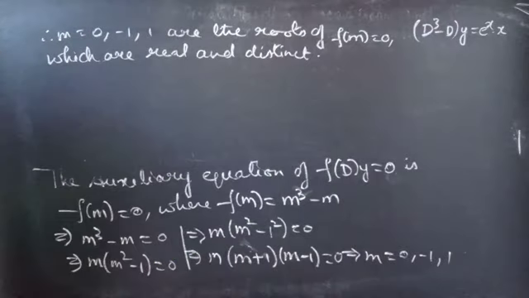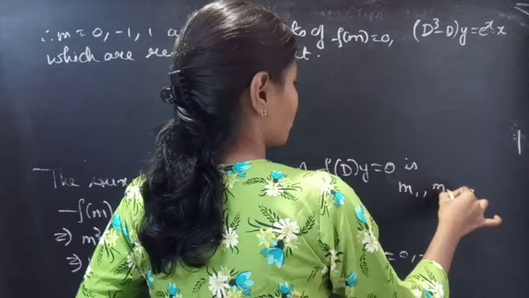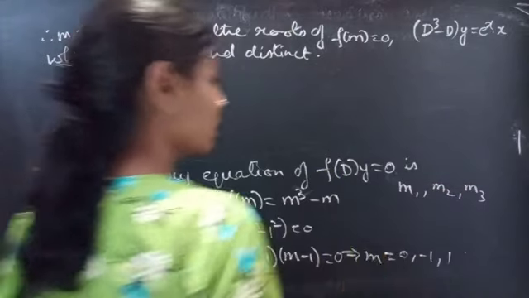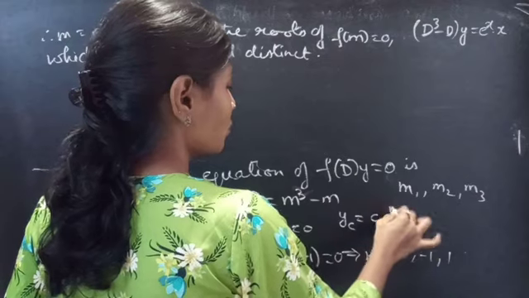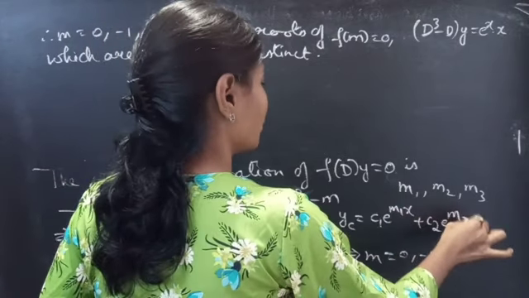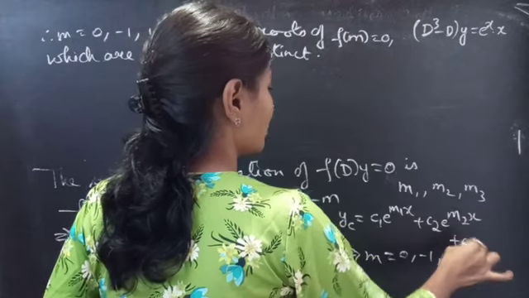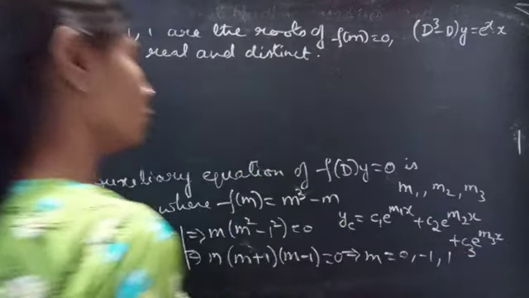Right? We know that when three roots, say m1, m2, m3 are real and distinct, then yc will be one constant into e power one root into x plus another constant into e power another root into x plus another constant into e power another root into x.